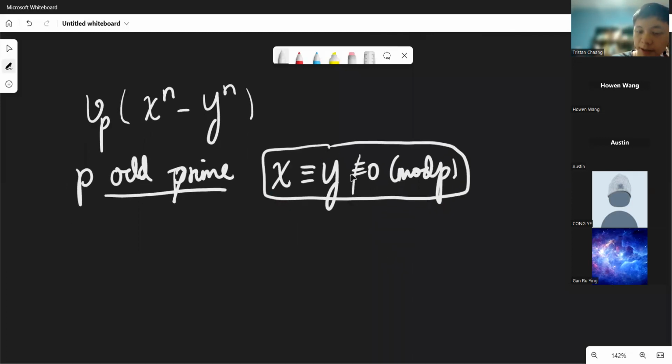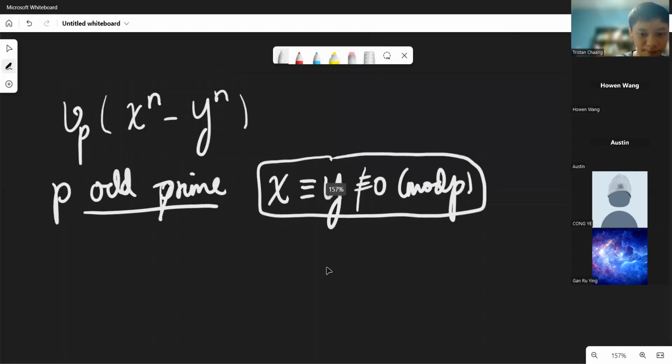I mean, the fact that they are both not multiples of p, that one's also quite boring, because if they were multiples of p and the difference is a multiple of p, that means you can probably factor out a power of p before moving on.